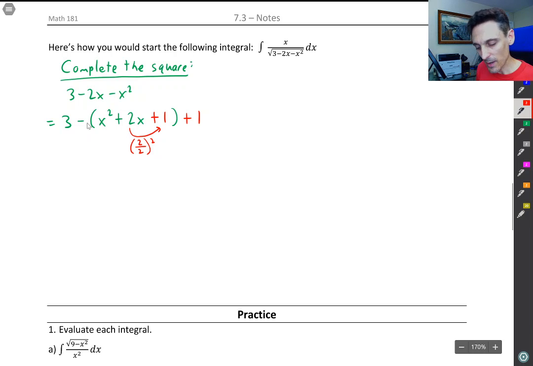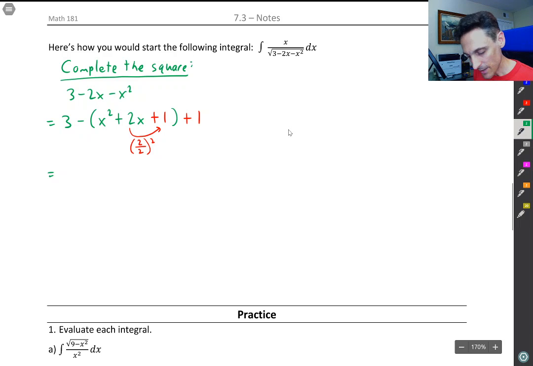So we have 3 minus, and then quantity x squared plus 2x plus 1, and then close the paren, and then another plus 1. Now, this may seem like doing plus 1, isn't that doing plus 2? But remember, this plus 1 inside the parentheses is really a minus 1 with regards to the expression. So we have to balance it out, or cancel it off, I should say, by putting a plus 1. That way we're not actually changing the value of this expression.